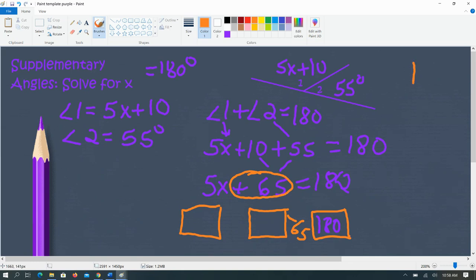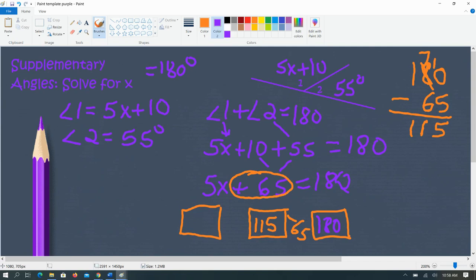So I could come over here and take my 180, subtract the 65, and I can't take 5 away from 0, so I'm going to have to borrow. So 10 minus 5 is 5. 7 minus 6 gives me 1. And then my 1 comes down, and I have 115. So my new value right here in the middle is going to be 115.